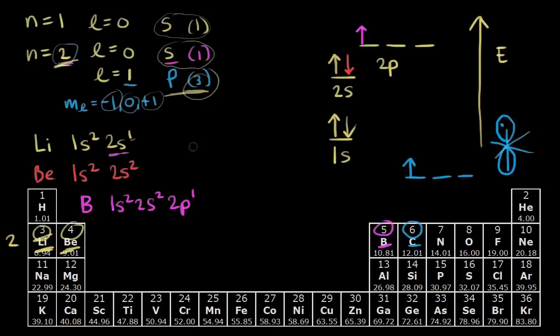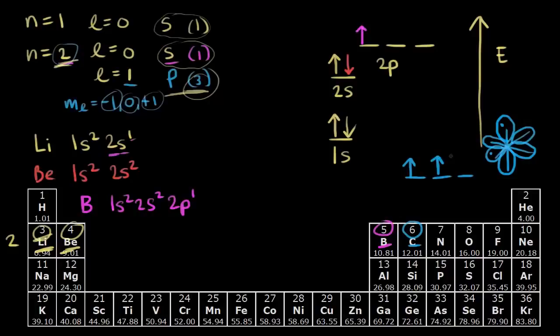Remember, there are other p orbitals on these other axes here. So here's another p orbital, and then here's another p orbital. We need to add an electron to another one of these, whichever one, it doesn't really matter. Let's just say we're adding one here. So we're adding an electron to a different p orbital, whether it's px, py, or pz.